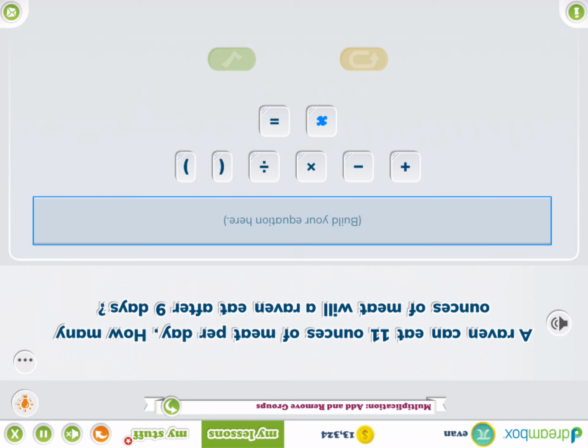A raven can eat 11 ounces of meat per day. How many ounces of meat will a raven eat after 9 days?